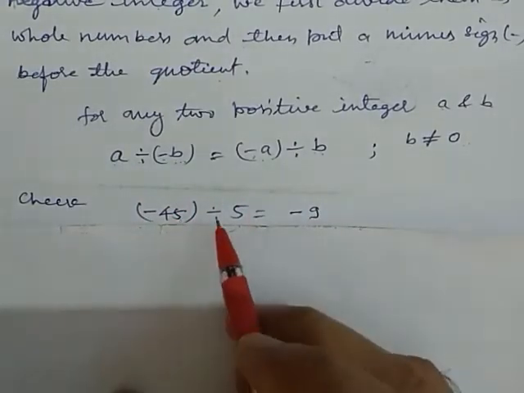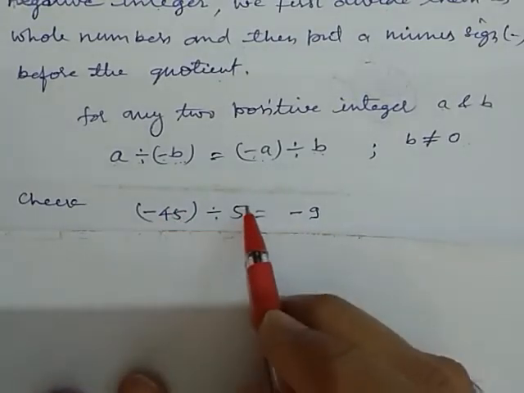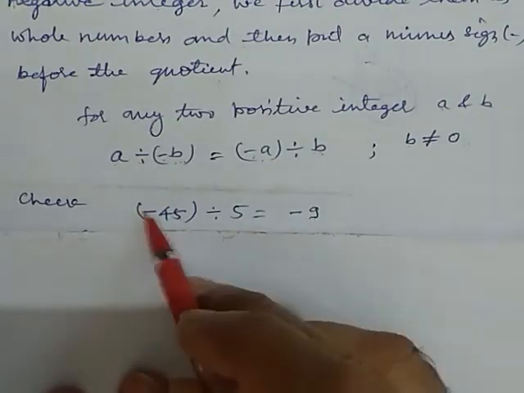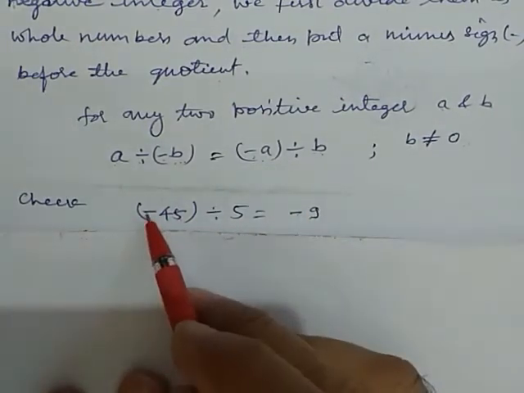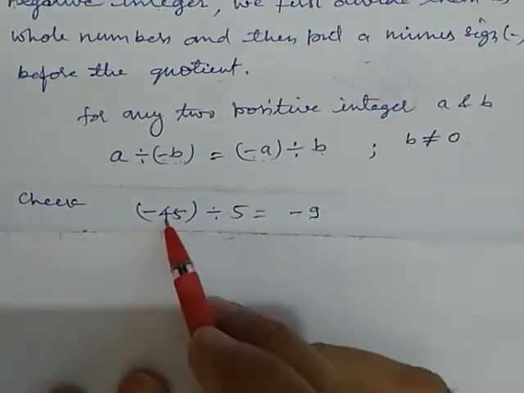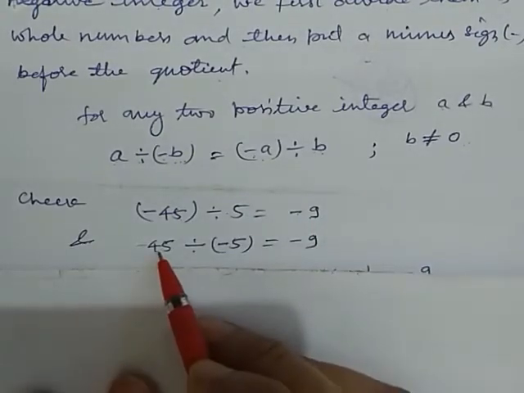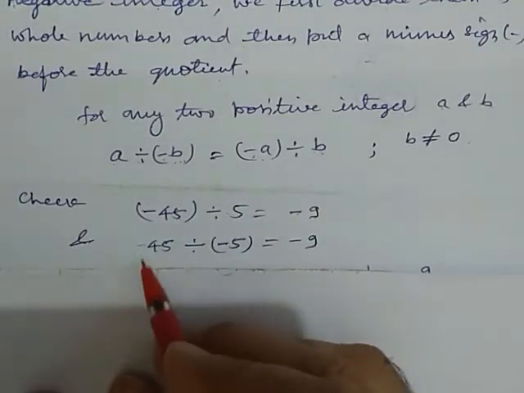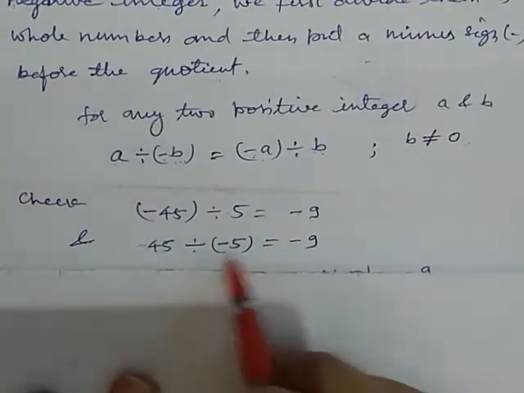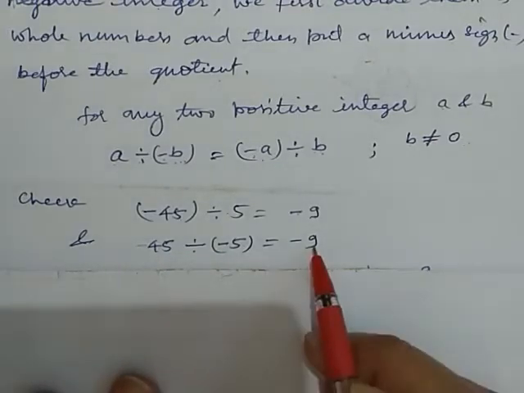Minus 45 divided by 5. So first we divide 45 by 5, ignoring the sign. 45 divided by 5, we get 9. Then put the negative sign, because negative into positive is negative. So first we divide only, then we put the negative sign. Here we make this positive and this negative. This negative sign goes here. So 45 divided by minus 5. First we divide 45 by 5. We get 9.